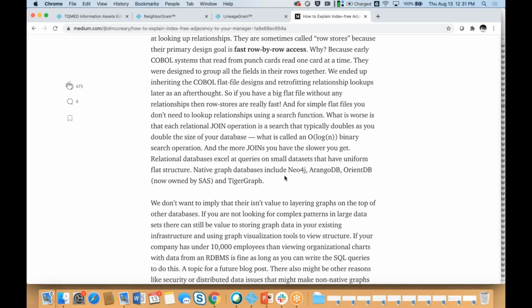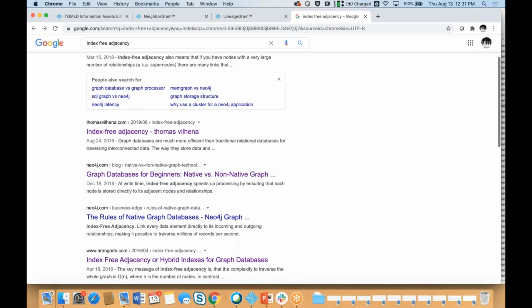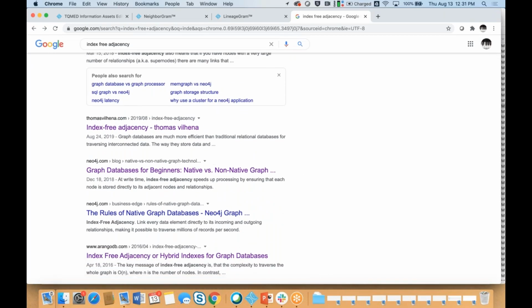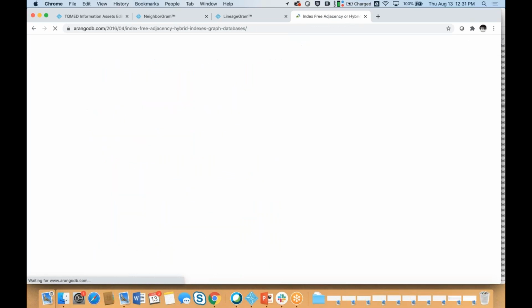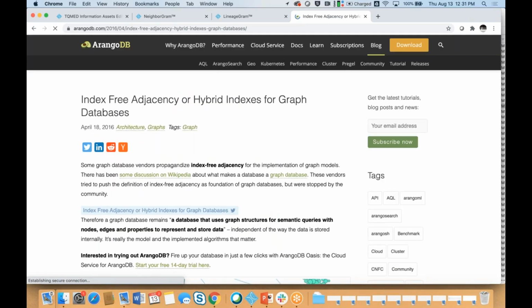Well, not quite true. So in that same link, you saw ArangoDB as an example. You could look at what they think about index-free adjacency. They actually don't think it's such a great thing. It has limitations in terms of how you deal with dense nodes. It also has some limitations in terms of how you deal with distributed data.